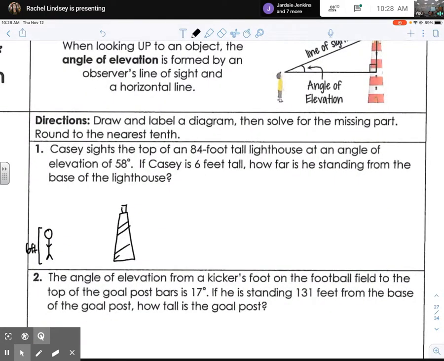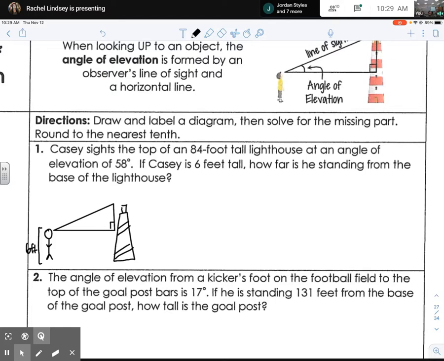So there's my lighthouse, and he's looking at the lighthouse, right? That's his original line of sight, and then his new line of sight looks to the top of the lighthouse. So here's our triangle. Not perfect, but now I have my picture drawn.